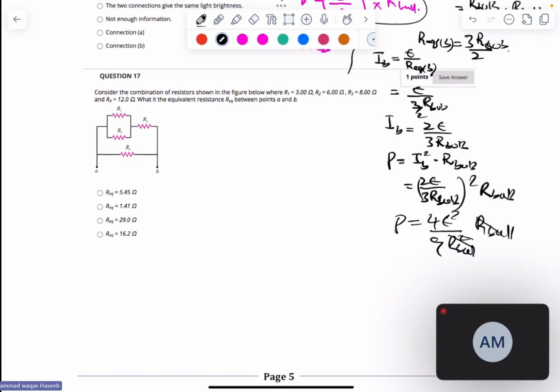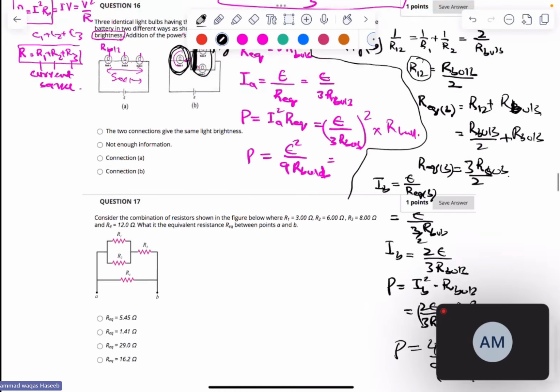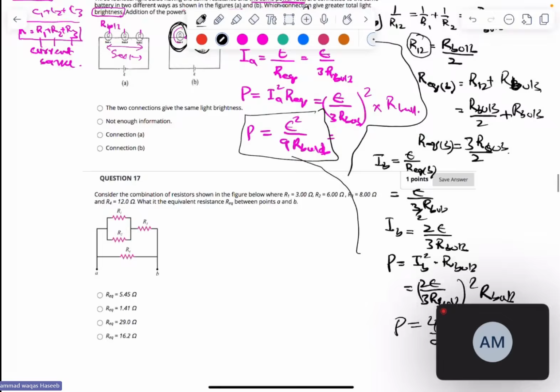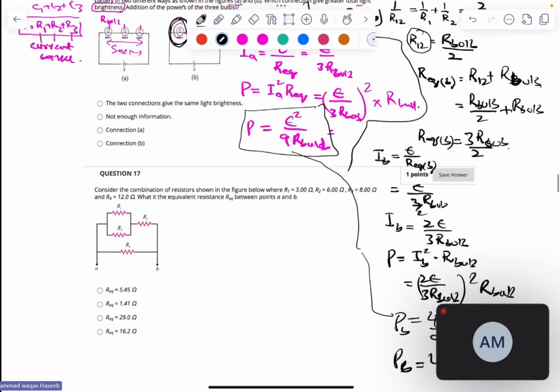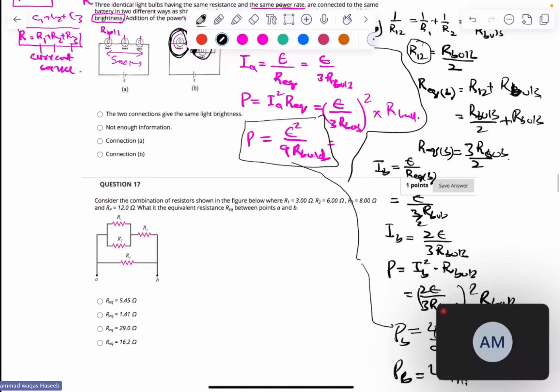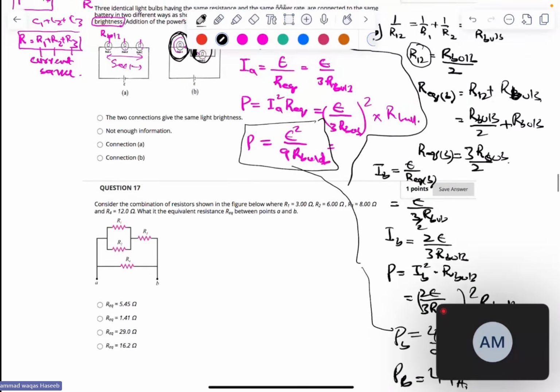This one and this one will cancel out. And if you see the expression for A and the expression for B, power B is 4 times power A. So the connection B has the strongest brightness.